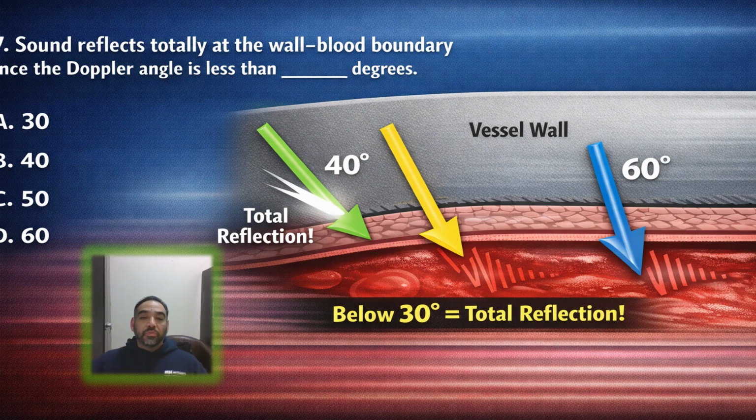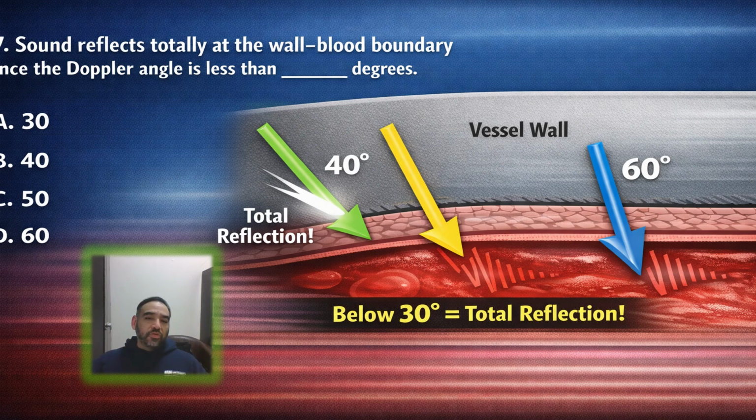So 40 is too high to have that total wall boundary reflection. If it's 50, it's the same issue. Definitely too high. If reflection were total below 50 degrees, almost all clinical Doppler angles would fail. Most carotid exams, which are typically between 45 and 60 degrees, wouldn't work properly. But they do. So 50 degrees cannot work for this question.